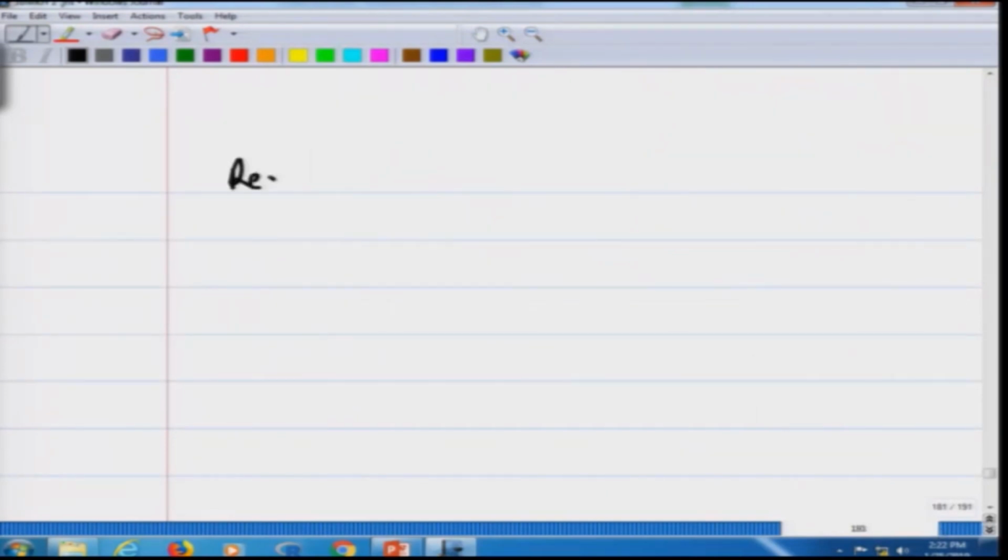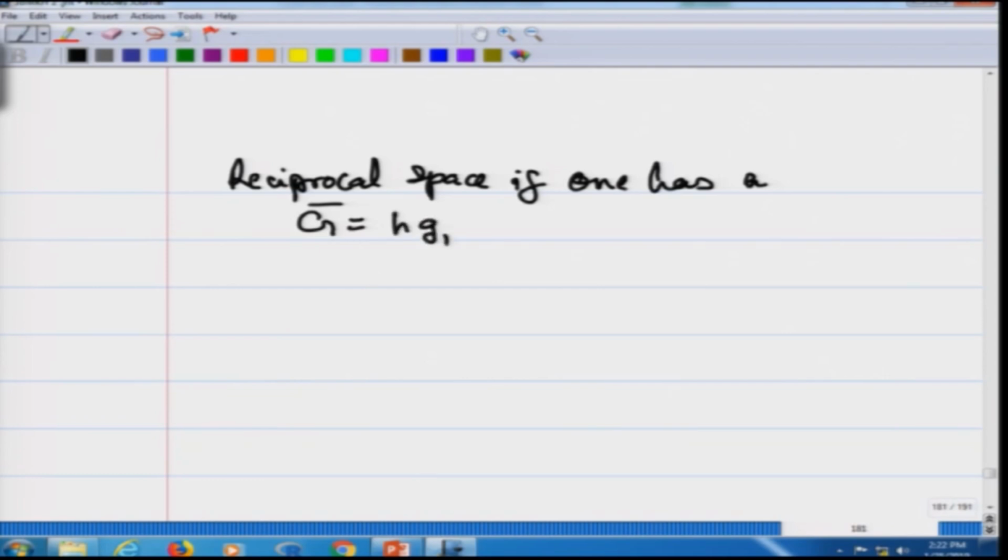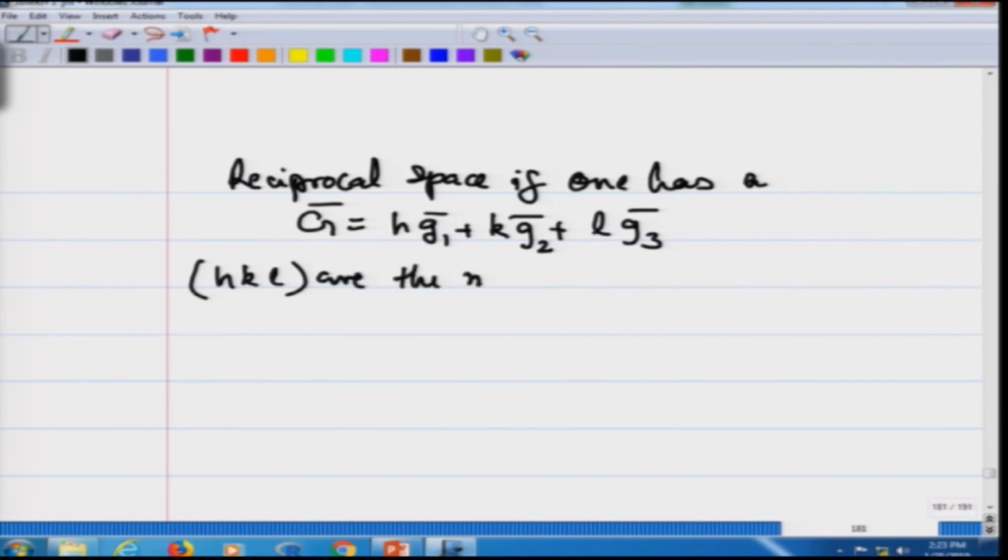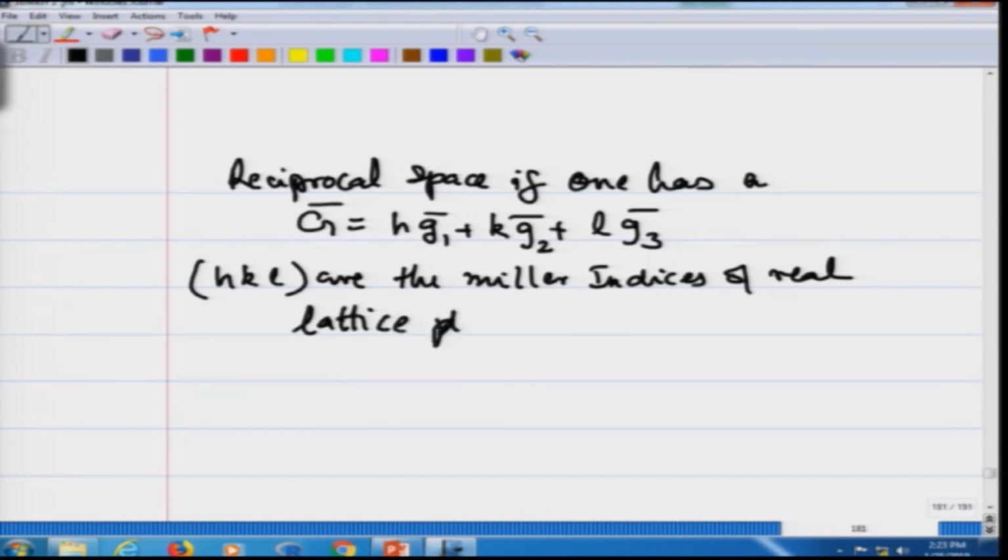So, in reciprocal space, if one has a vector G which is given by H G1 plus K G2 plus L G3, where H, K and L are integers, then these H, K and L are the Miller's indices of real lattice planes which are perpendicular to this vector G in reciprocal space.